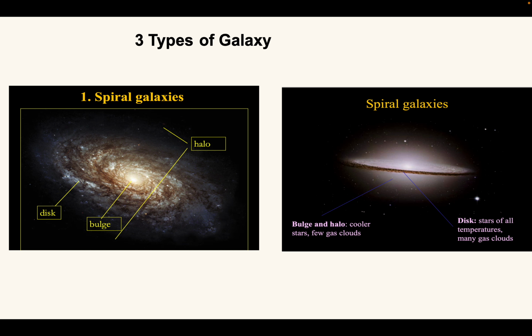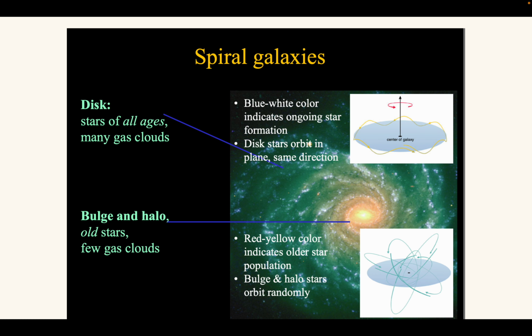As star formation is ongoing, there must be a supply of fuel for it, so the disc has many gas clouds. In the bulge and the halo, you will sometimes see cooler stars in the upper region of the disc. The star formation rate is very low in the bulge or halo, and so there are few gas clouds there.